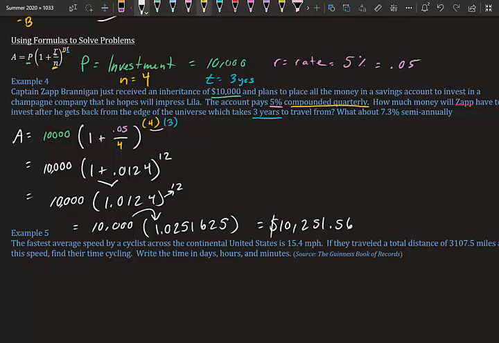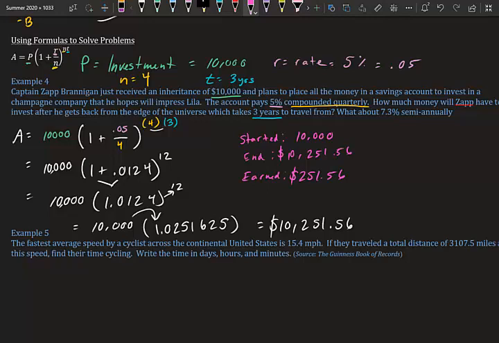So if he started with $10,000, and he ended with $10,251.56, that means he earned $251.56 after sitting on that for 3 years. Whoop-de-doo, right?